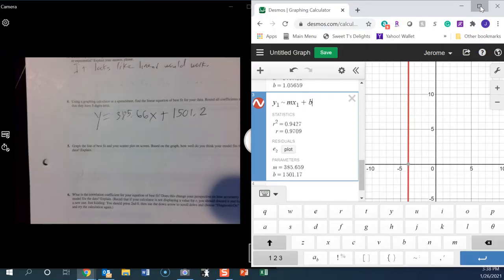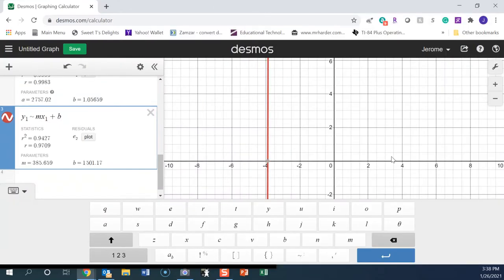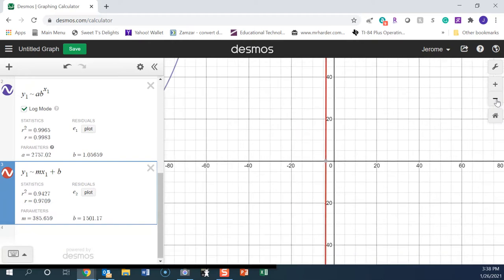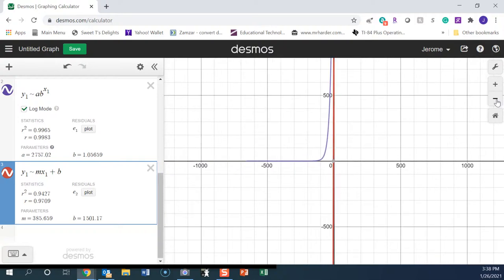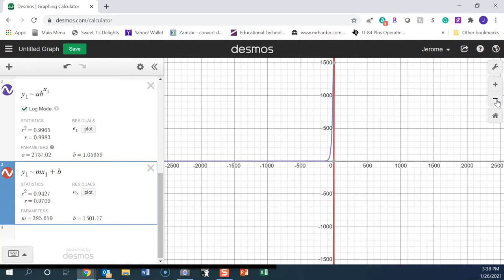All right, let's take a look. Now I'm going to have to zoom in a little bit. Okay, it doesn't look like my model fit the data that well. No, it doesn't look like it. So, because this red line is what this model is, and you notice the blue line, well, okay, don't worry about the blue line.